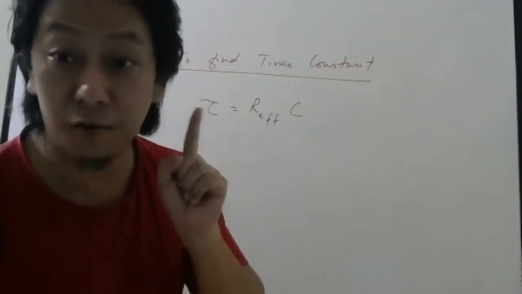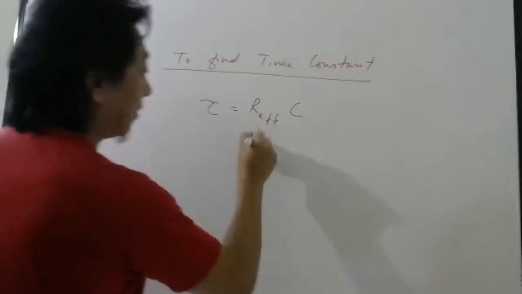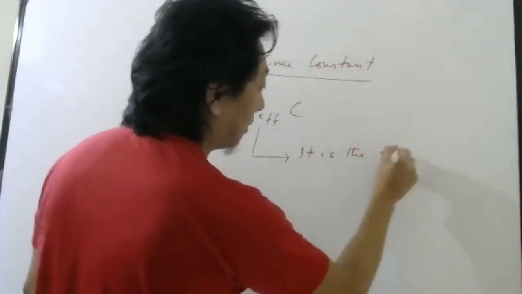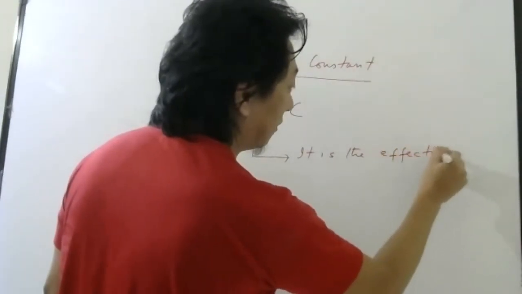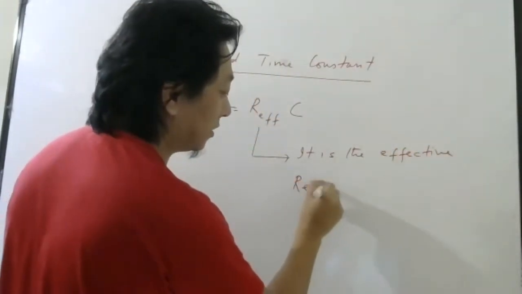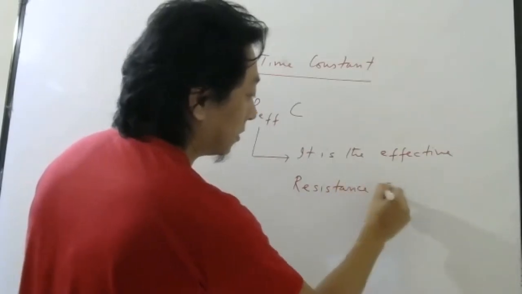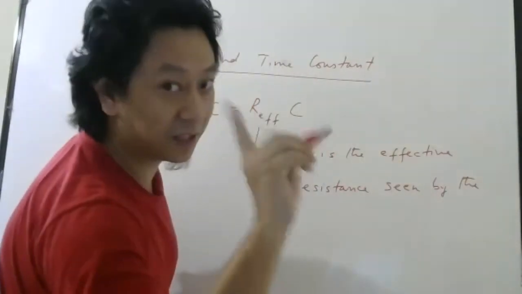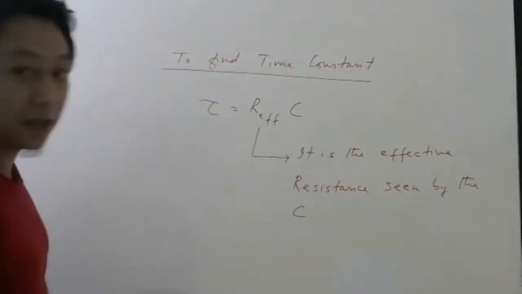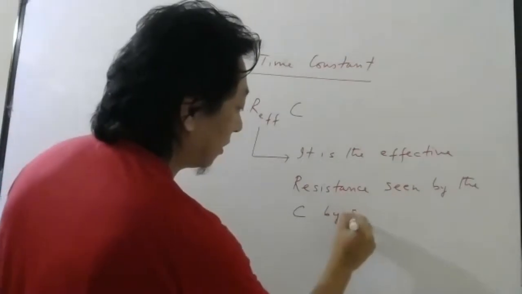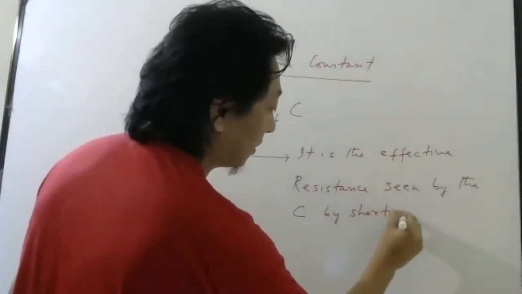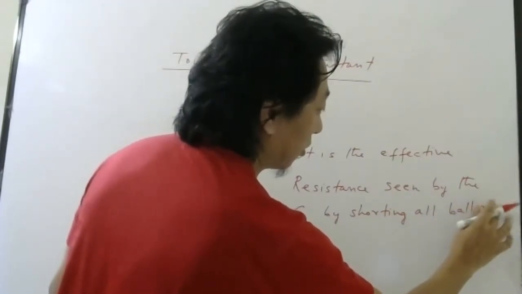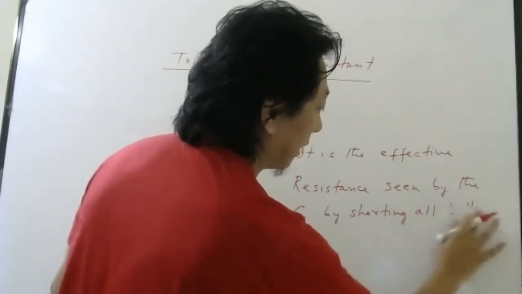Now how to find R effective? You have to be very careful. R effective here is the effective resistance, or equivalent resistance, seen by the capacitor, not by the battery, seen by the capacitor by shorting all batteries, or let me write cells.